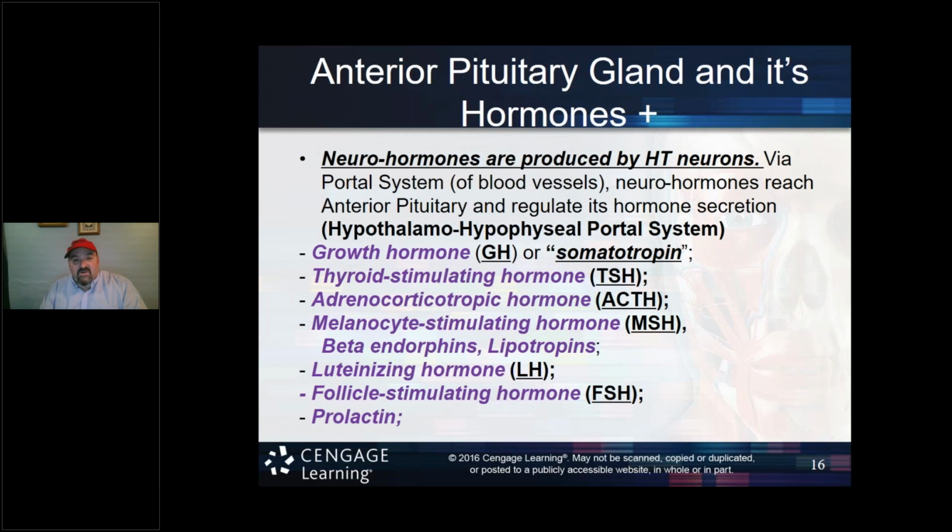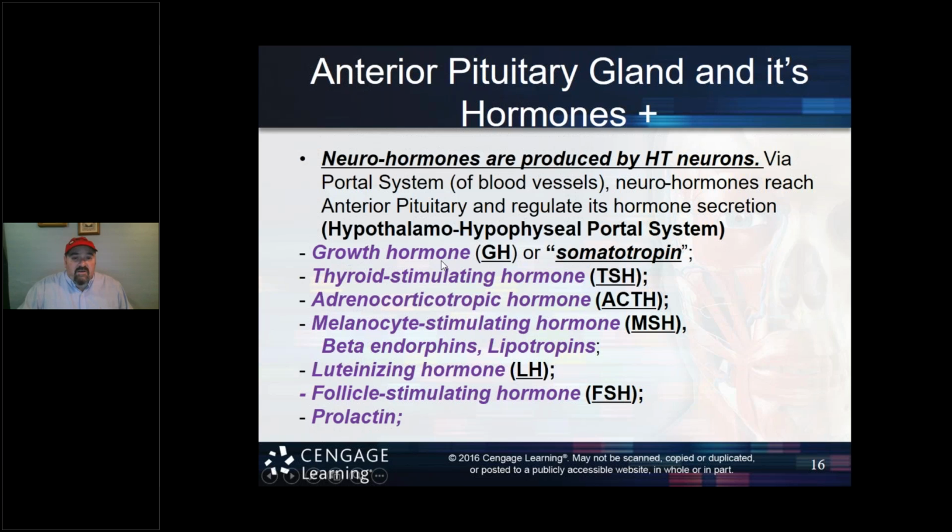So you'll see neurohormones, again, produced by the nervous system, by hypothalamic neurons, via the portal system present within the hypothalamus. These are blood vessels that are sending chemicals to the anterior and the posterior pituitary, each of those individual glands.